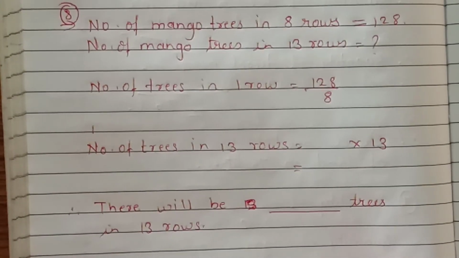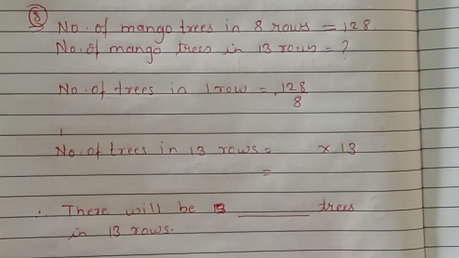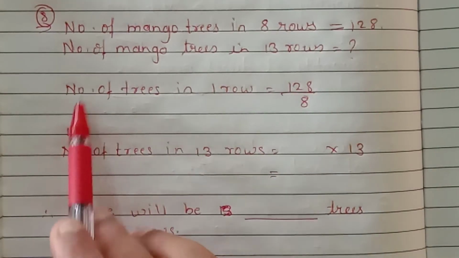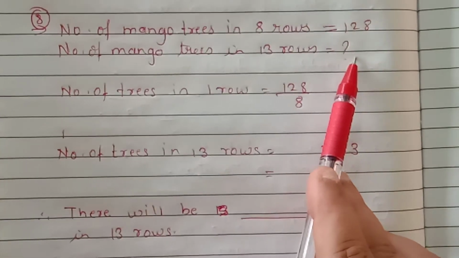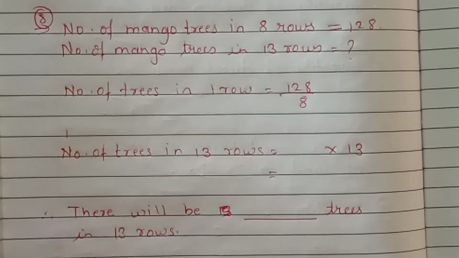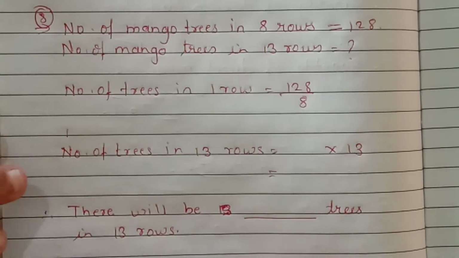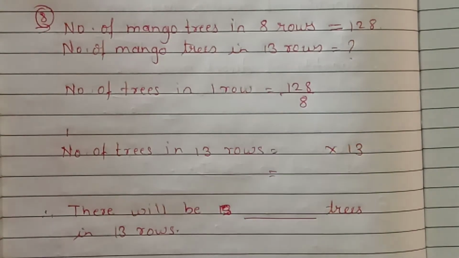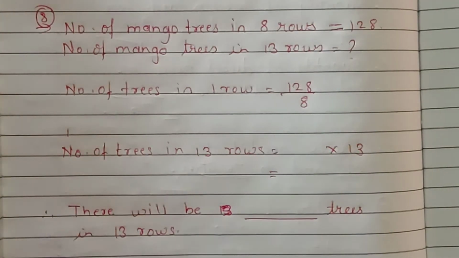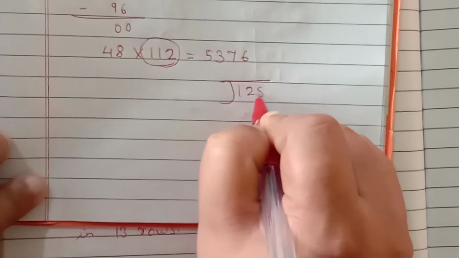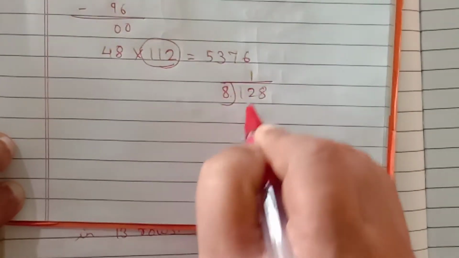So I have written here: number of mango trees in 8 rows is equal to what? 128. Number of mango trees in 13 rows, question mark. Number of mango trees in 1 row is equal to 128 upon 8. Okay. So now let us check whether this number comes in 8's table. 128. We'll do rough work and check. See, suppose I am taking 128 divided by 8. 8 ones are 8.